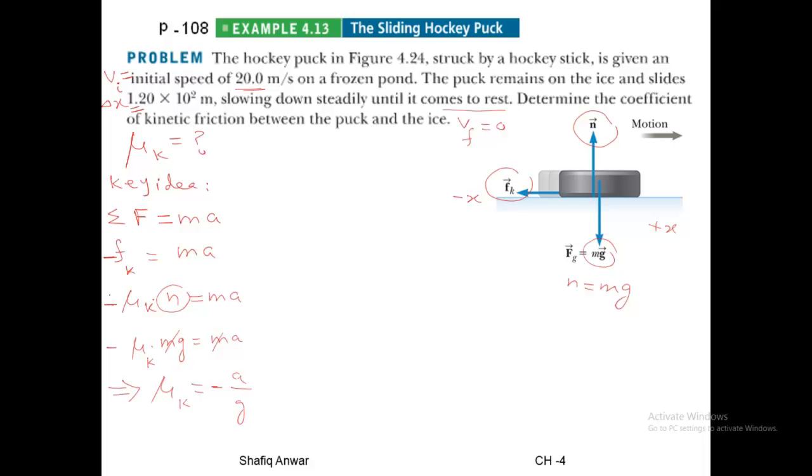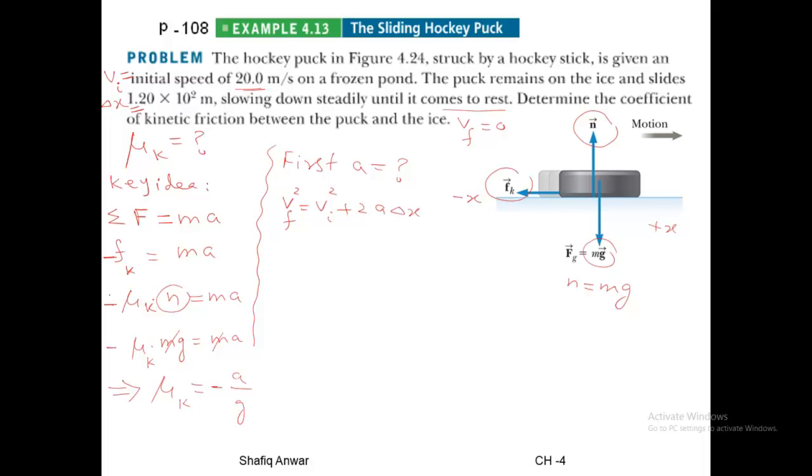Now g is 9.8, a is unknown. So first we will find out a. Once you find out a, you will use the acceleration a value here. So we have this equation of motion, the third equation of motion, which says this one.